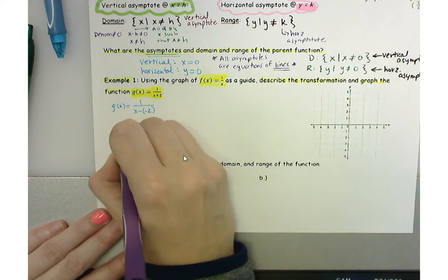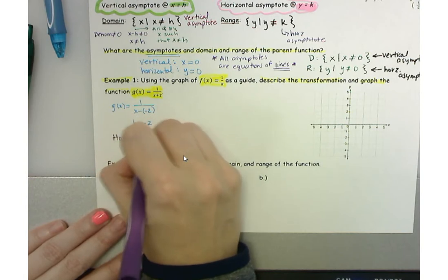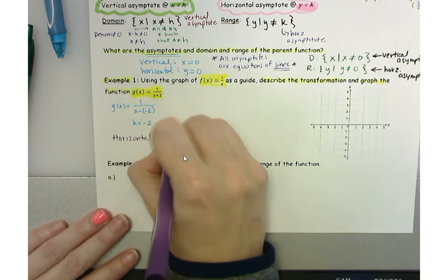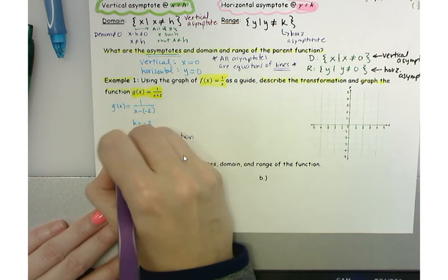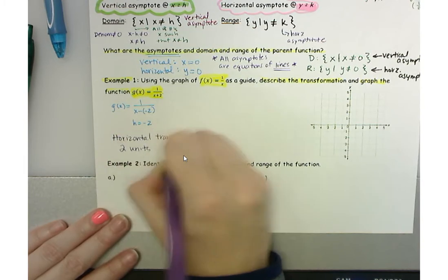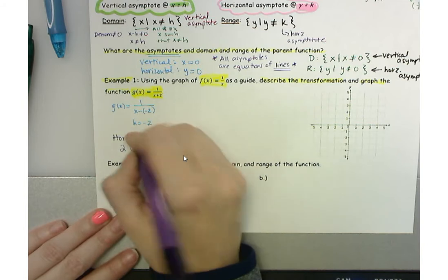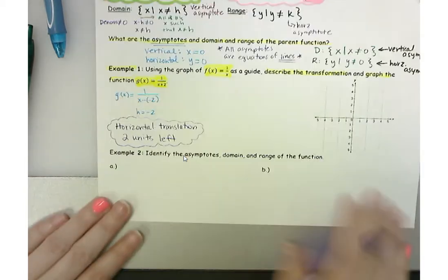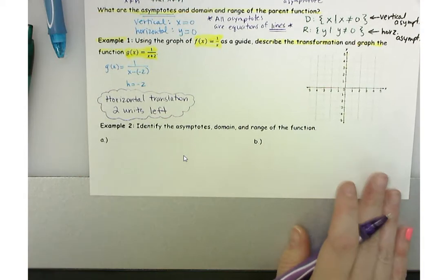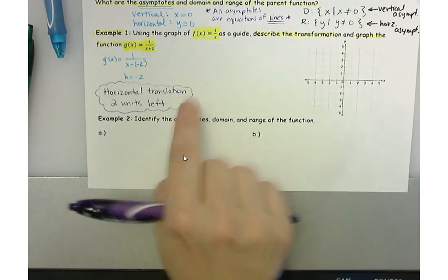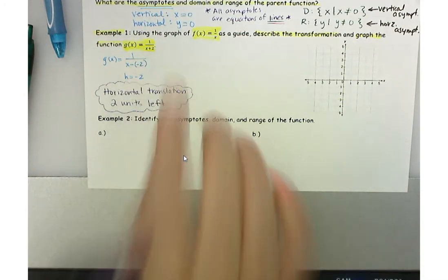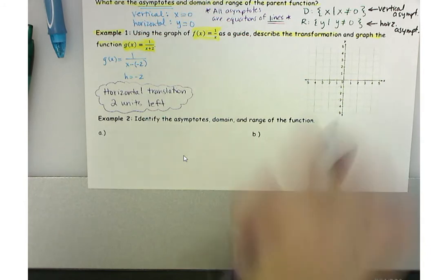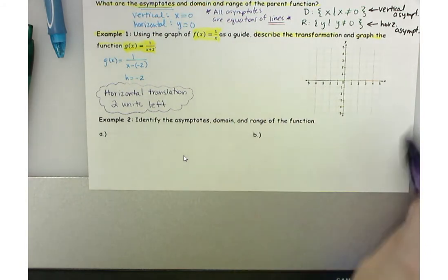Now there are different ways that you can graph this. You could plug in values for x and then find the output. I'm going to just show you how you can use the original function as your guide and go from there. So remember, if we're using f of x equals 1 over x, didn't we already come up with a bunch of points for that when we wrote them down up here?